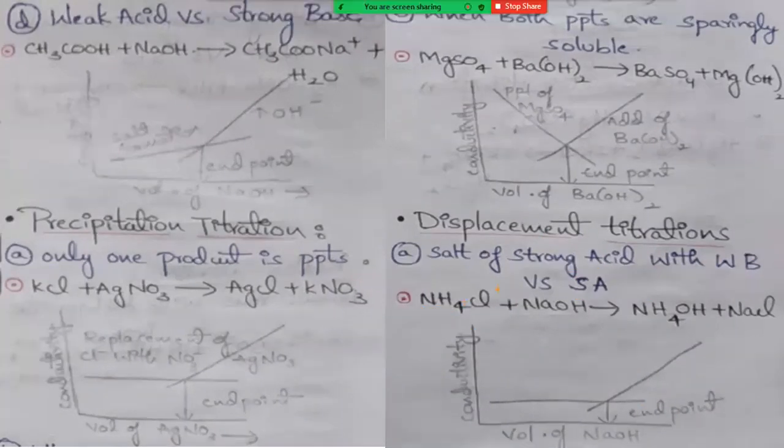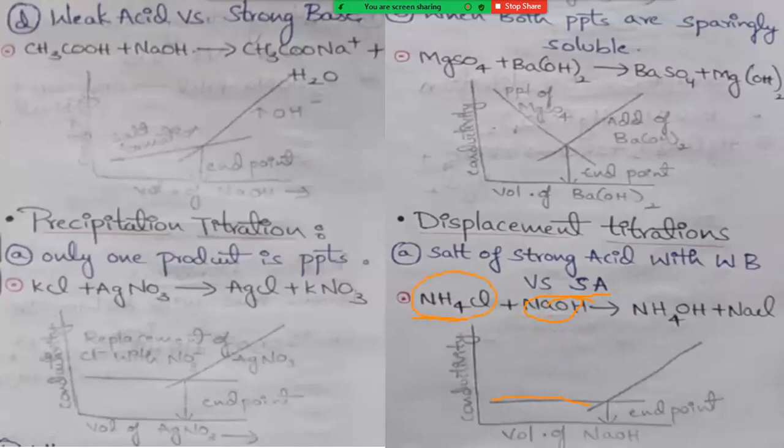So what happens when we add the strong acid? This is not a strong acid, this is HCl, so we have to take HCl here. When we add the strong acid to this salt, initially we can see a plateau. Why?